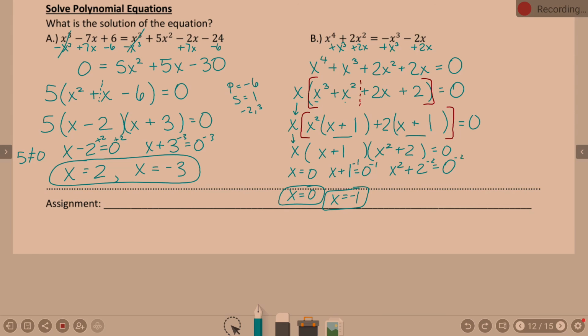Subtract 2. x squared equals negative 2. Take the square root. What's the square root of negative 2? Plus or minus.